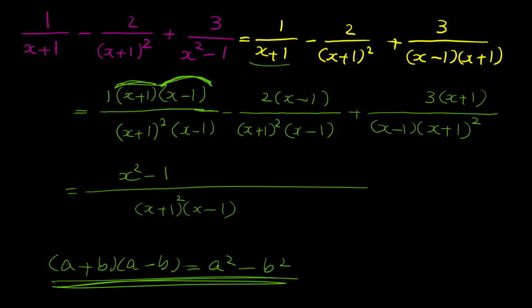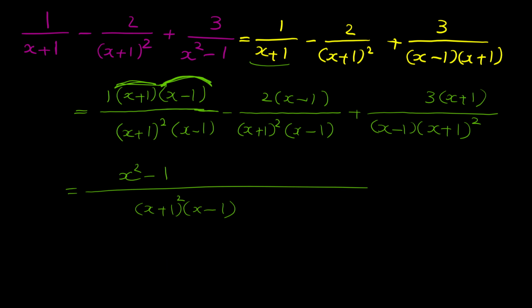By using this important identity, x plus 1 times x minus 1 is x to the 2 minus 1. You can use the FOIL method to distribute these two brackets by each other, and finally the answer that you get would be this. But using the identity makes your operations faster.